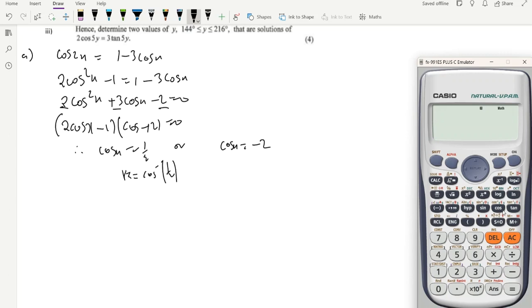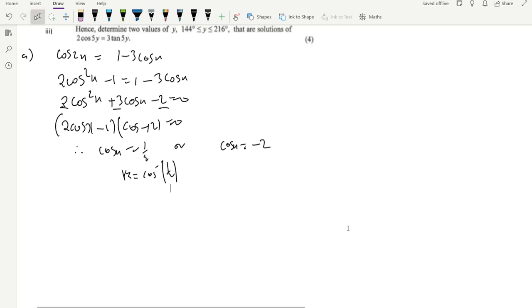Clear this out, then say shift cos 1 over 2. Then what is your answer? It's 60 degrees. Okay, it means our reference angle is 60.